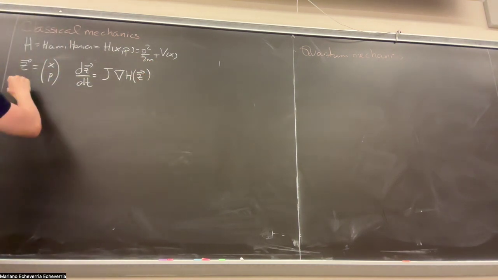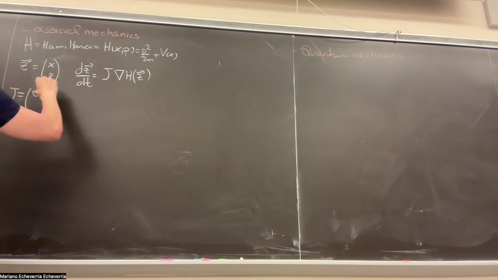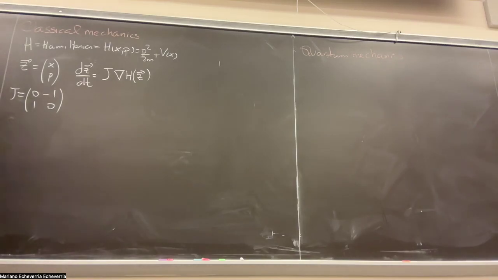Here J was this matrix, I think the -1 was on this center. Okay, so that is how the equations looked.